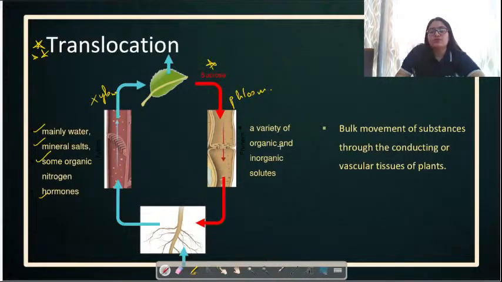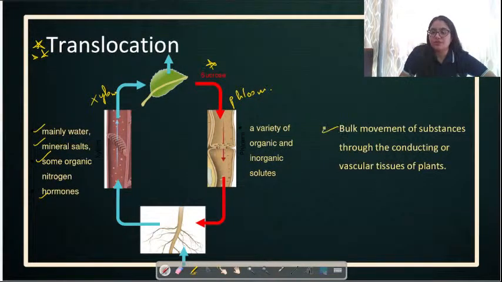Not only sucrose but a variety of other organic as well as inorganic solutes. So what is translocation? Translocation simply means, my kids, movement of various substances through these vascular tissues or vascular system, where substances are moving with the help of bulk flow or mass flow system. And that's exactly what translocation means.